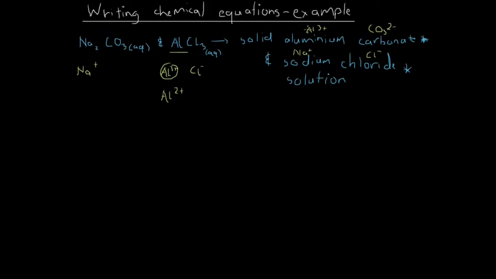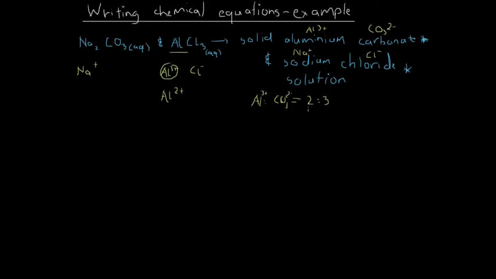So now what we have to do is put them into ionic formulae. We have solid aluminium carbonate here. We've got a 3 plus charge and a 2 minus charge. So we know that in the product, we're producing carbonate, and the ratio between the aluminium 3 plus and the carbonate 2 minus is going to be 2 to 3.